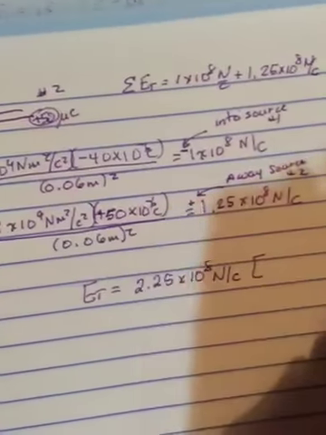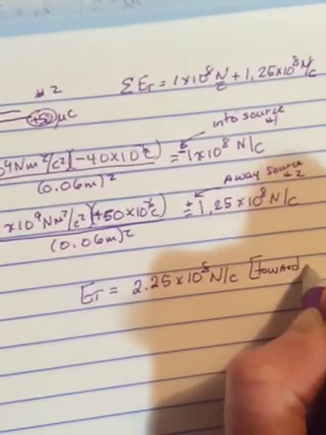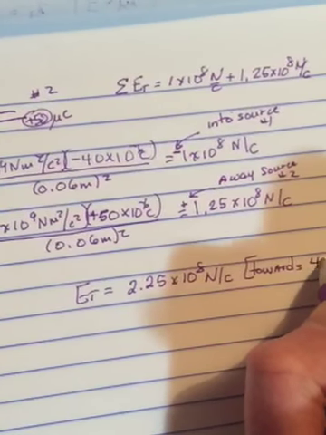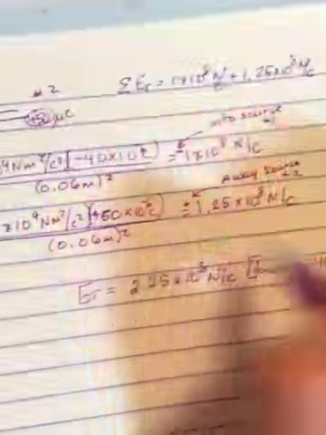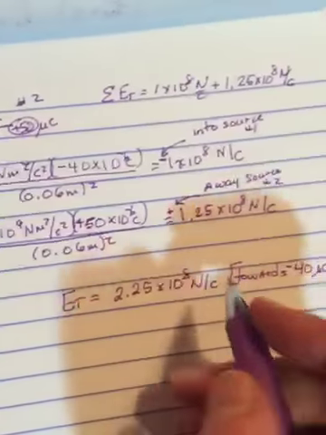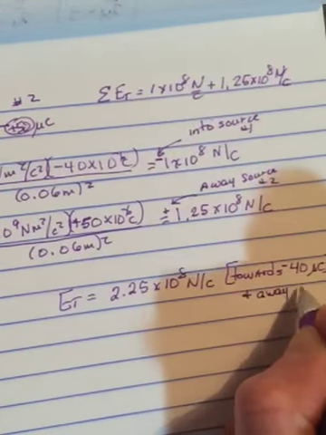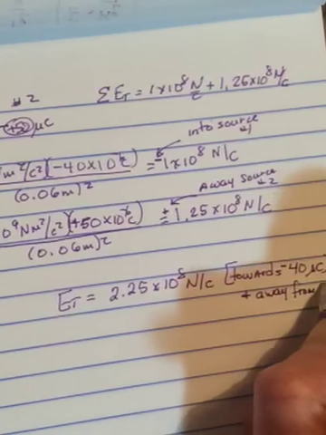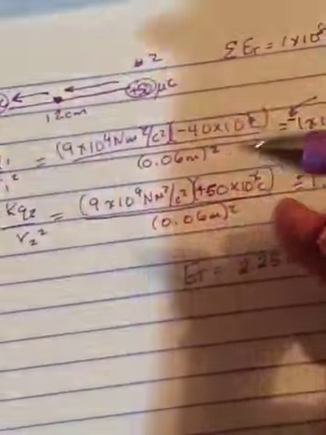And in brackets you would say towards the 40 microcoulomb charge. Okay? Or you could put away from the 50 if you want. The way I have it drawn, it's going to the left.